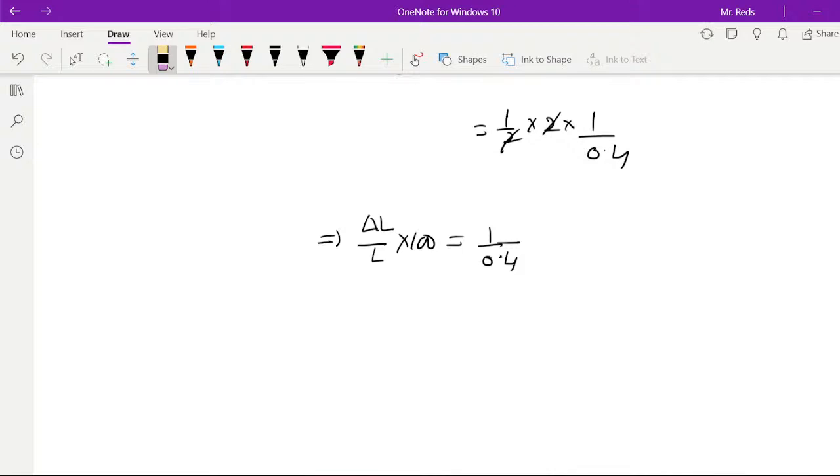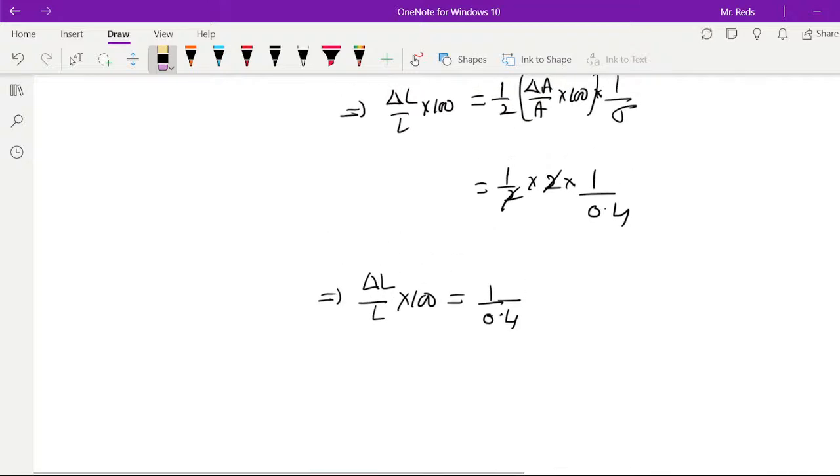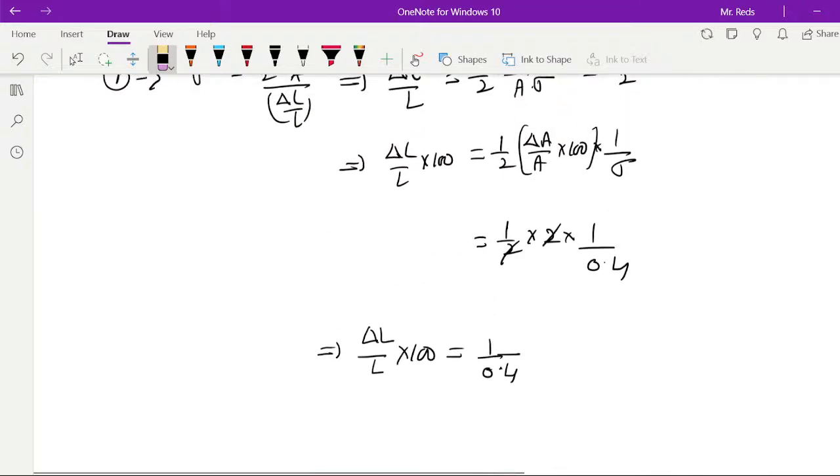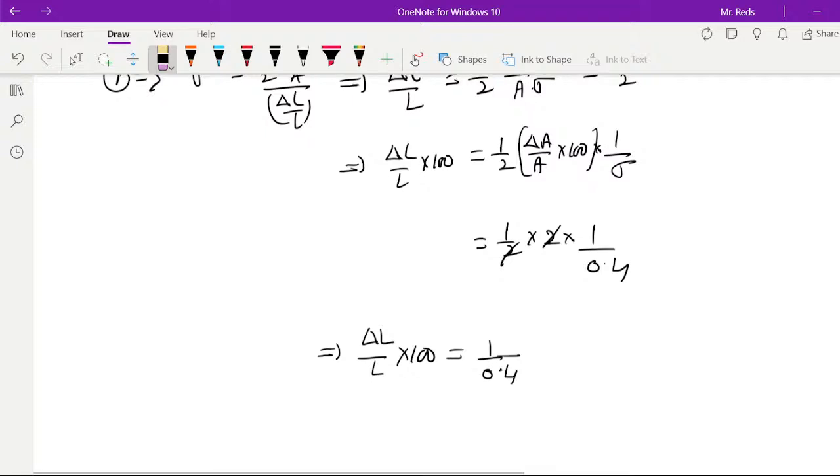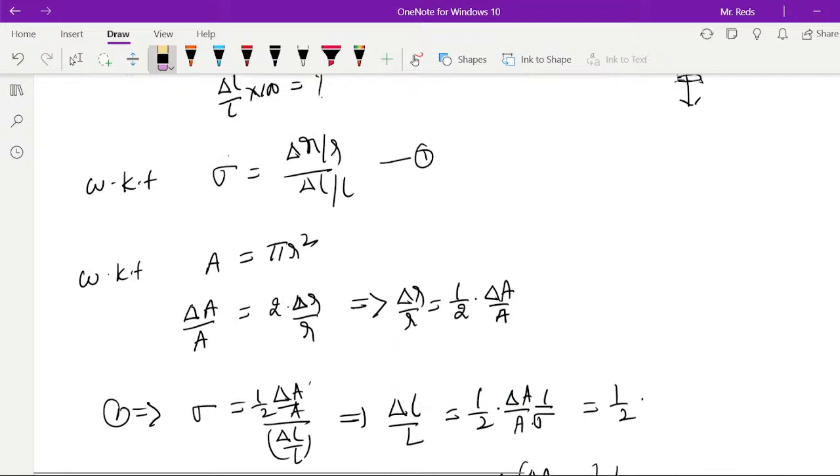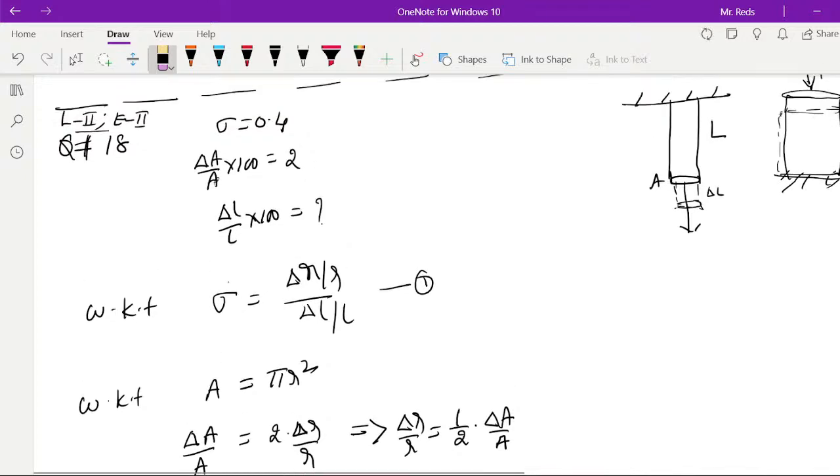So 10 by 10, 1 by 4, 1 by 4 is 0.25 into 100. The numerical values are okay: sigma is 0.4, and the percentage change in area is 2 only.